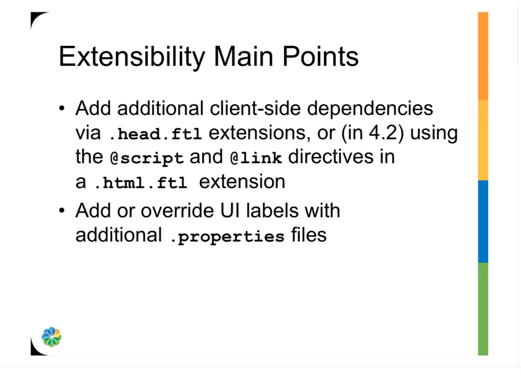So in 4.0 and 4.1, the way that you did this was to provide, with your module, an additional .head.ftl extension. In 4.2, that's changed slightly, and you can now define those additional client-side dependencies directly in your .html.ftl file.